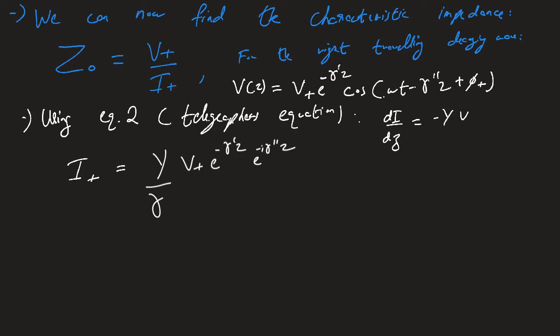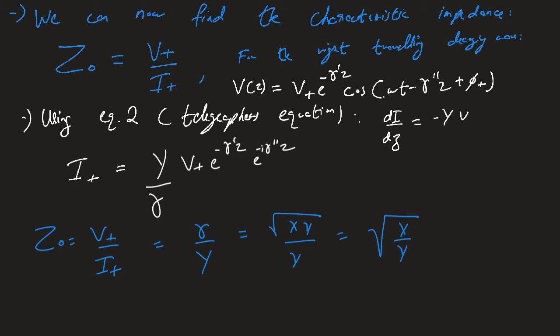So that's the current. So the characteristic impedance Z naught becomes equal to V plus over I plus, and that becomes equal to gamma over Y, which becomes equal to the square root of ZY over Y, which becomes equal to the square root of Z over Y. Now we know what Z is and we know what Y is.